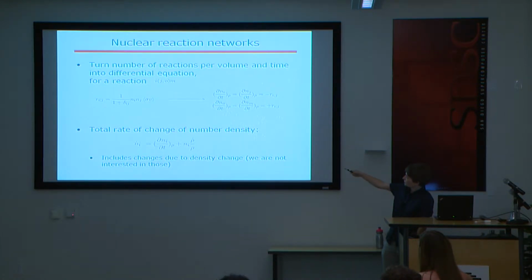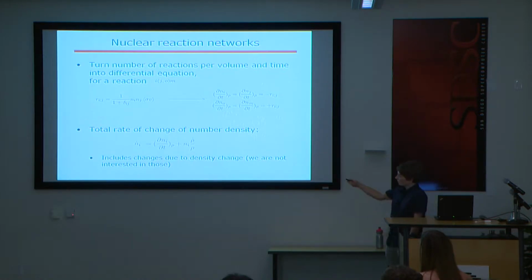For each of these reactions you're destroying one i and one j, but you're making one o and one m. So the changes in number densities for i and j are proportional to minus this reaction rate, and the changes in number densities for o and m are proportional to plus this reaction rate.